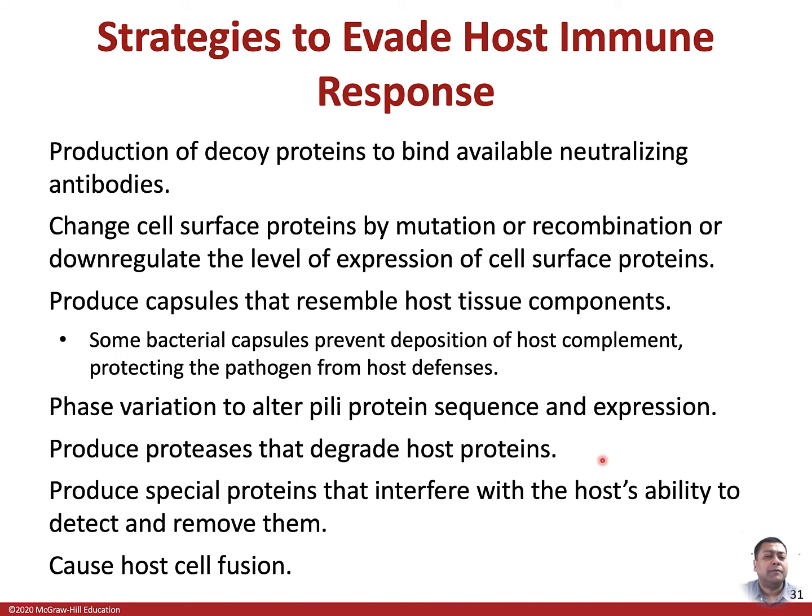So these are some of the processes as well. To avoid detection by the host, there are many other processes, for example, special proteins that interfere with the host's ability to detect and remove them. A classic example for this one is the protein A produced by Staphylococcus.